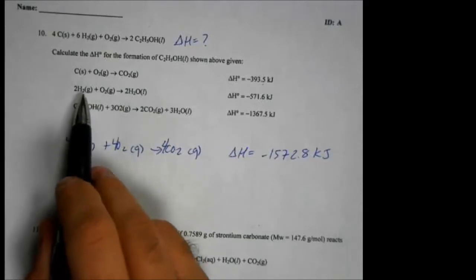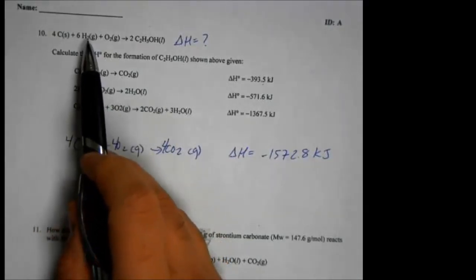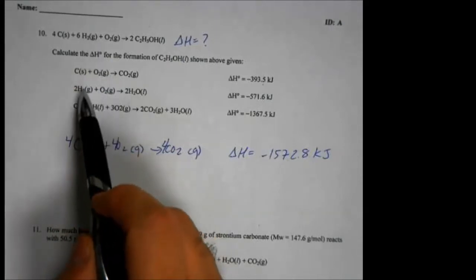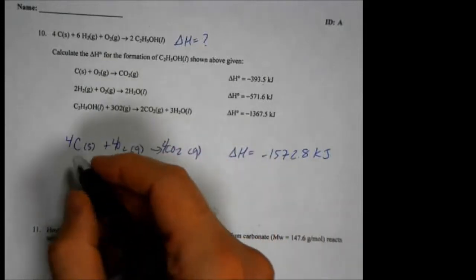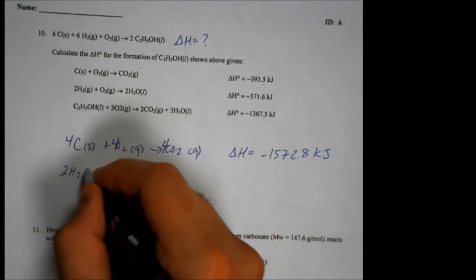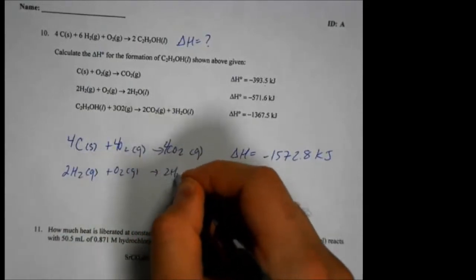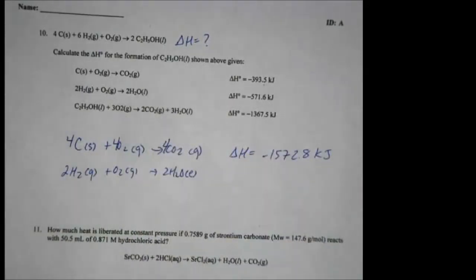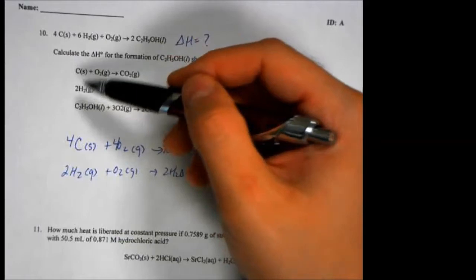Now the second one is hydrogen gas plus oxygen gas gives H2O. So here we have H2 gas as a reactant, so we can pop this guy down here as is. 2H2 gas plus O2 gas gives 2H2O liquid. We've got to make the coefficients match up, so it looks like we're going to have to do a multiplication by 3 to get the coefficients to match.